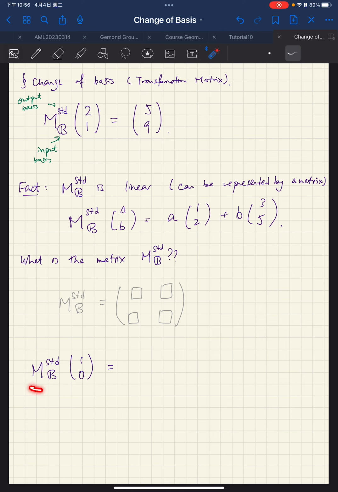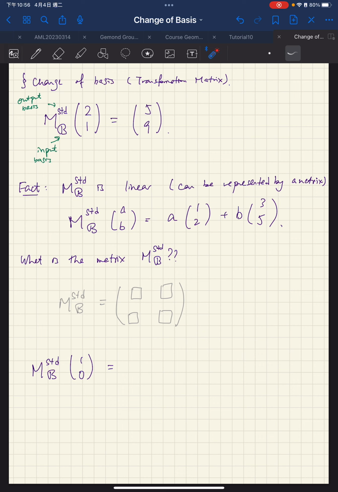So let me pronounce this again. Remember, you always want to pronounce the mathematical notations because they are so heavy. You want to pronounce them to make yourself more awake. So how to pronounce it? It's transforming coordinates in B to coordinates in standard.